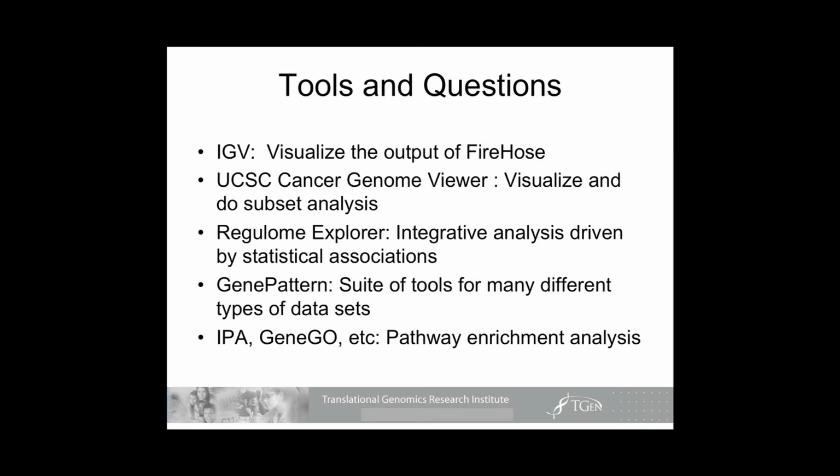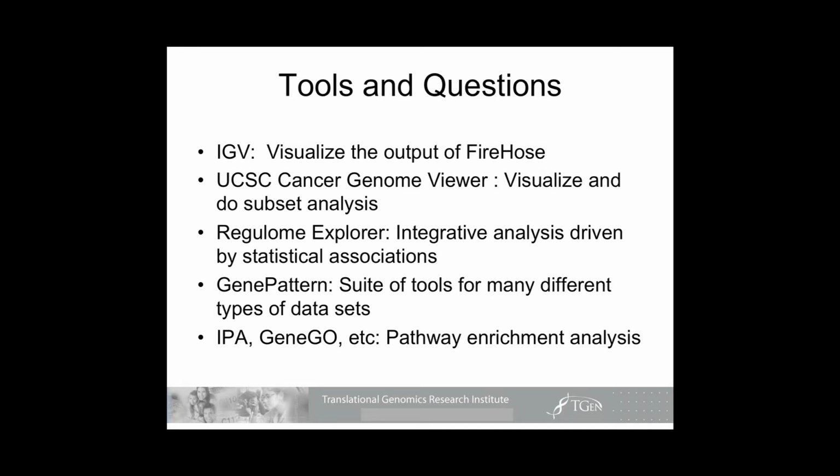All right, so tools and questions that you can use. These are all tools that you can link to. I personally download IGV onto my desktop, and the reason I do that is it's quicker to launch it from my desktop than it is to go to Broad and launch it, particularly if Broad servers are busy.